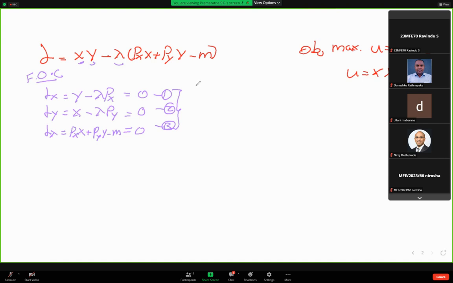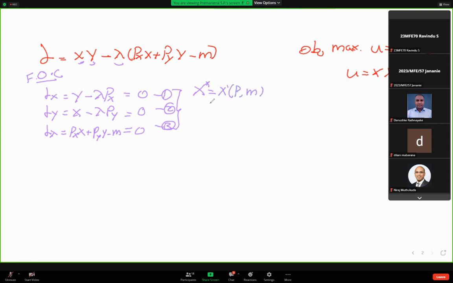With these three equations, we derived the Marshallian demand function, so that X is a function of P and M, and Y is also a function of P and M. If you remember this particular example, we get the Marshallian demand for X as M divided by 2Px, and for Y the demand is M divided by 2Py.